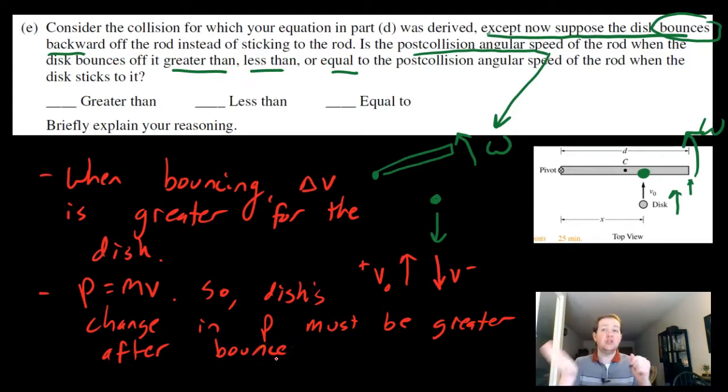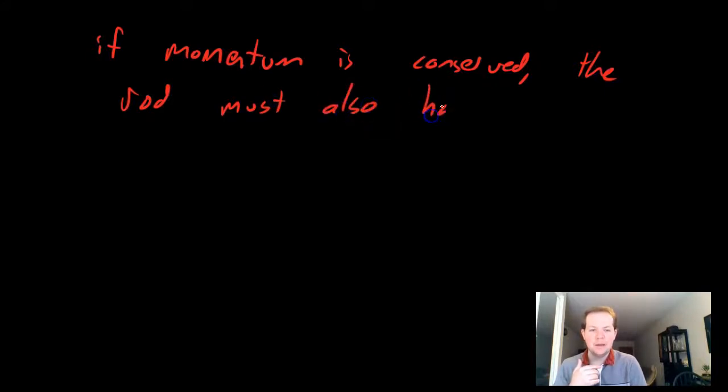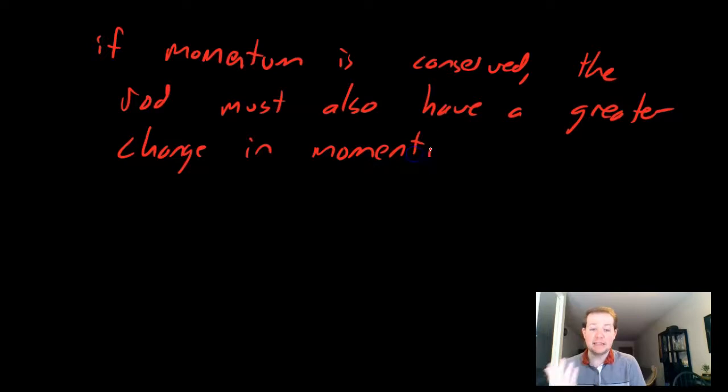Now if momentum's conserved, and the disc has a greater change in momentum, the rod has to have a greater change in momentum. Okay, I've got to go on to the next slide. If momentum is conserved, the rod must also have a greater change in momentum if the disc is bouncing.